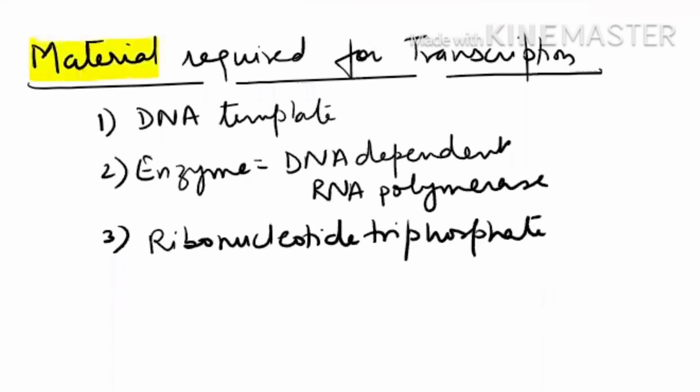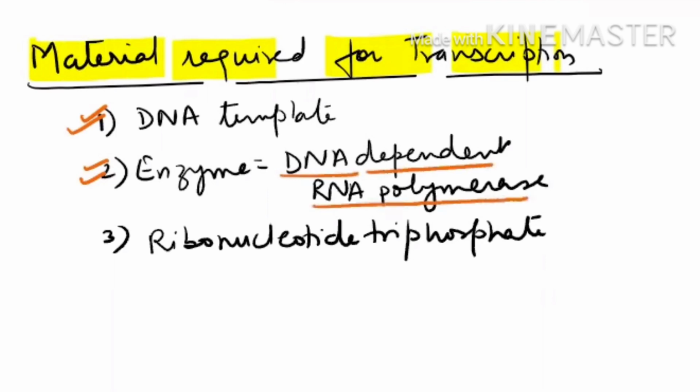Materials which are required for the transcription: first of all, you want a DNA template. Then you want an enzyme which will make the RNA over DNA. So that enzyme is dependent on DNA, the DNA dependent RNA polymerase. And for polymerization, you want the ribonucleotide triphosphate.